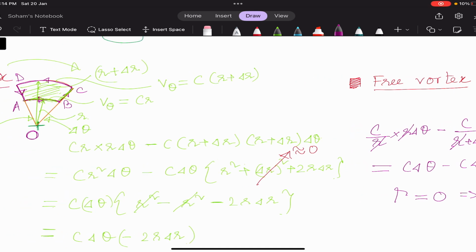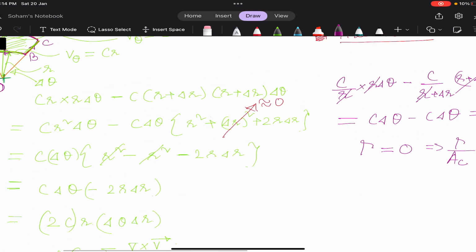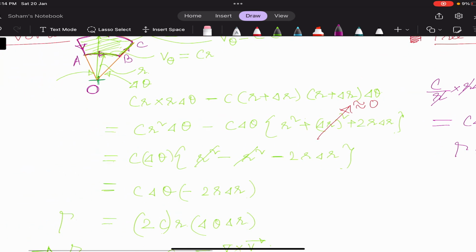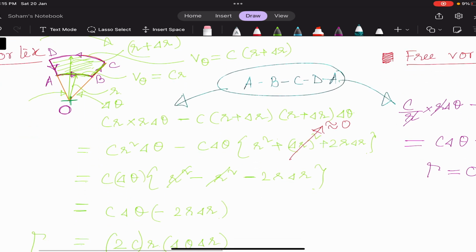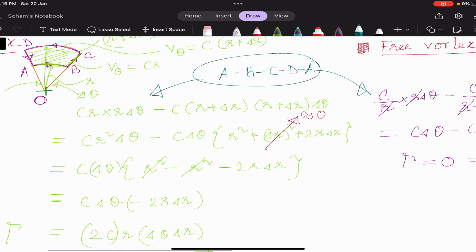Now let us take the contour. These two calculations are valid for the contour ABCDA. Now let us take a contour ODCO. That is, this contour we are traversing from D to O, then from this to this, then from this.